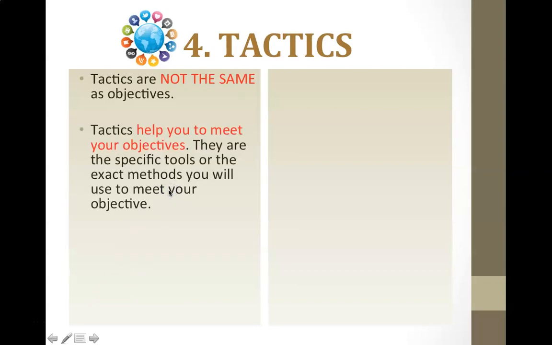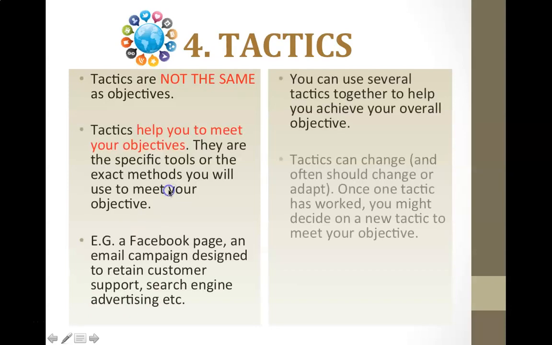So tactics are not the same as objectives. Objectives, we set out our goals, really. We're setting out our aims, we're setting out our targets. This is what we hope to achieve. And we're being quite strategic about it, and we've been strategic by considering the context and our value proposition, and we've been specific and measurable and achievable and relevant and time-bound.